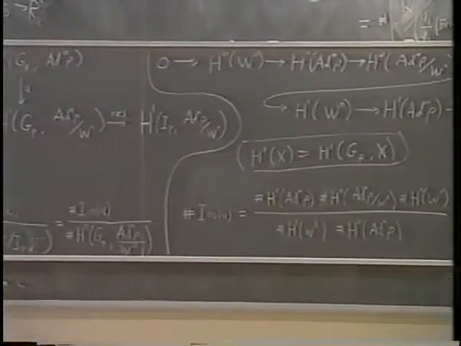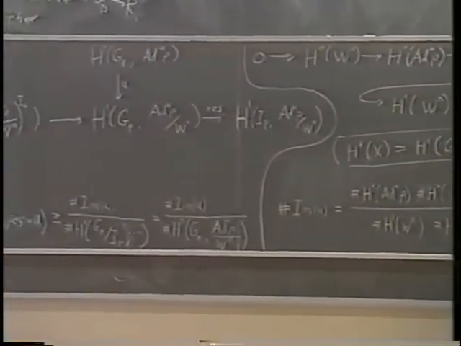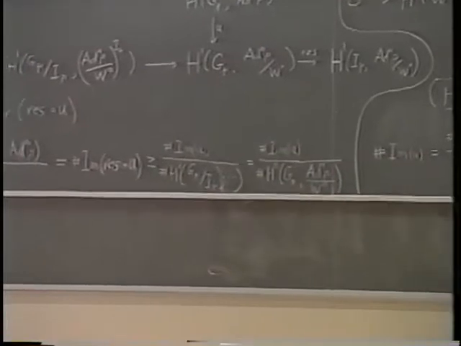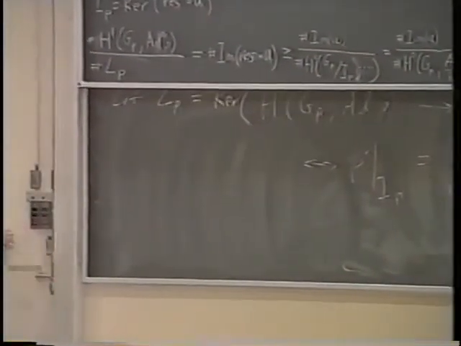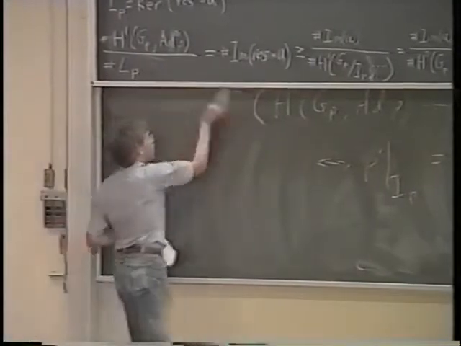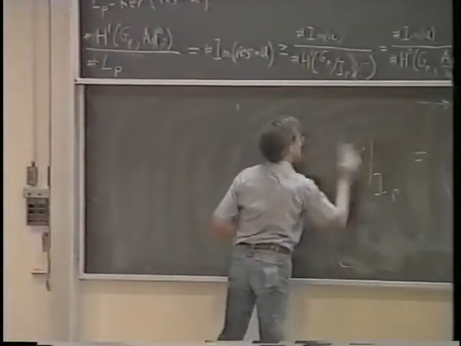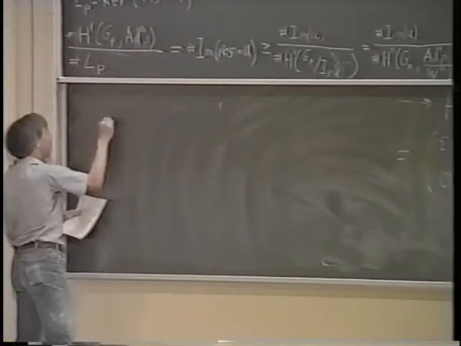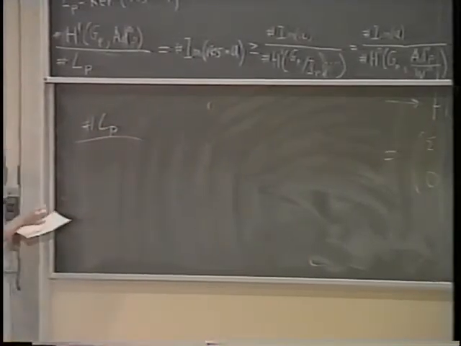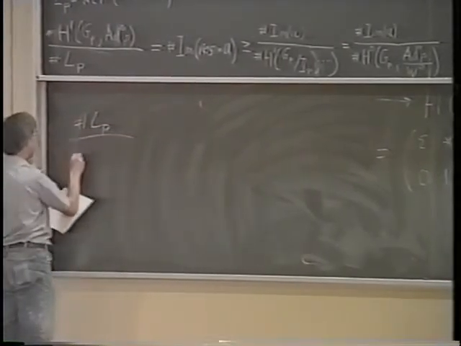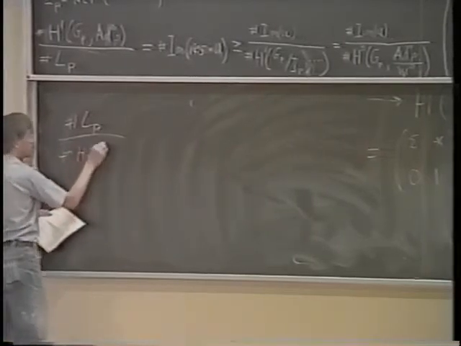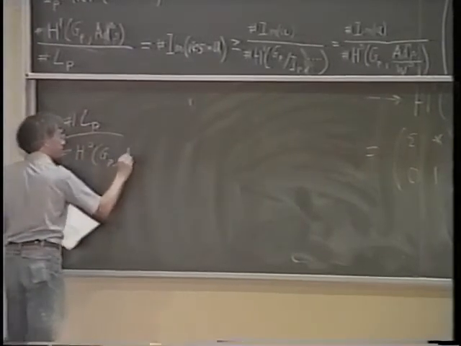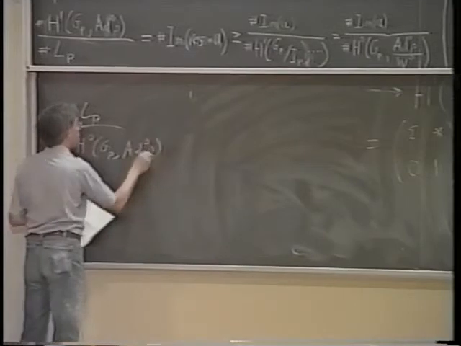We have this. We have this. They're all going to cancel out. And if you put it all together, you finally get the answer, namely the order of L_P divided by the order of H^0(G_P, ad^0 rho).